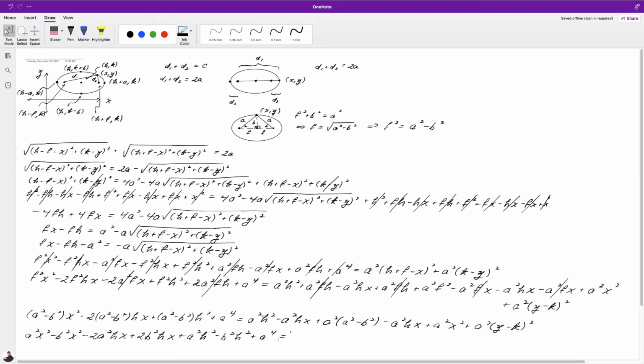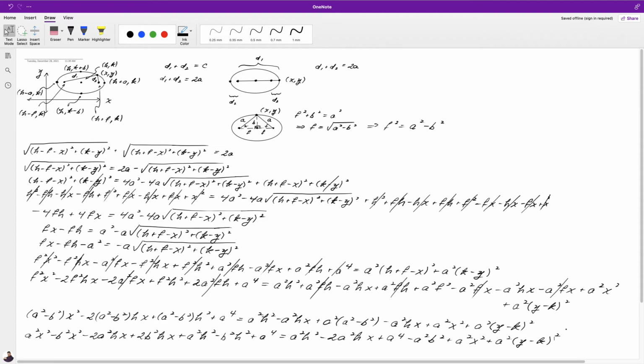Over on this side, we have a squared h squared, minus 2a squared hx, plus a to the fourth minus a squared b squared plus a squared x squared, and then of course keeping this factored because I'm sure we're going to like that in the end.